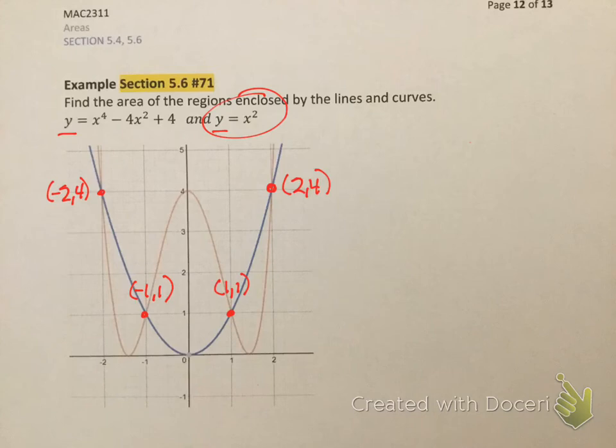So we've got our points of intersection, and we're trying to figure out why these would be important. Well, look at the area between these. You see this area in here. You see this area in here. And you see this area in here.